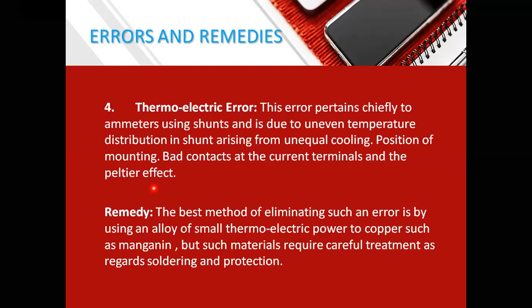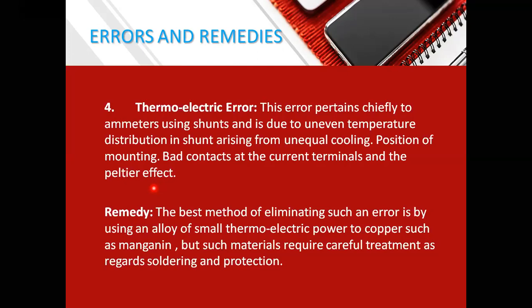To increase the range of the meters, we use some series resistances. So there will be some temperature rise inside the meter. Because of that temperature rise, the material will get heated up. Similarly, the shunt will also get heated up.